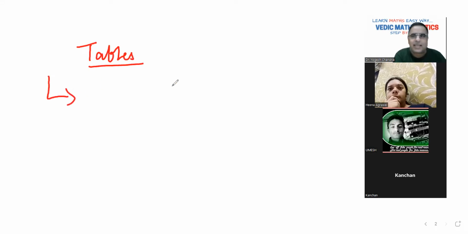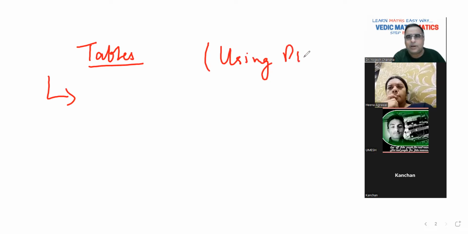the most easy is using place-wise positioning. If you understand the place-wise value, we can do everything. Now, till now, what I have realized in Nepal is students are not aware about the tables. They are still struggling to learn tables or cram tables or write tables. Why is it so?